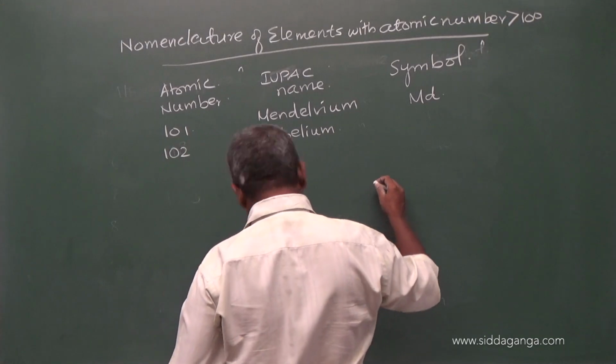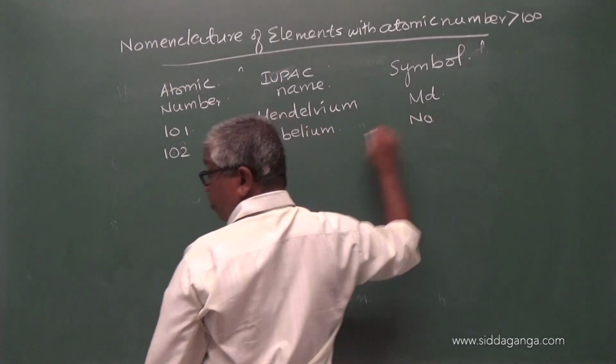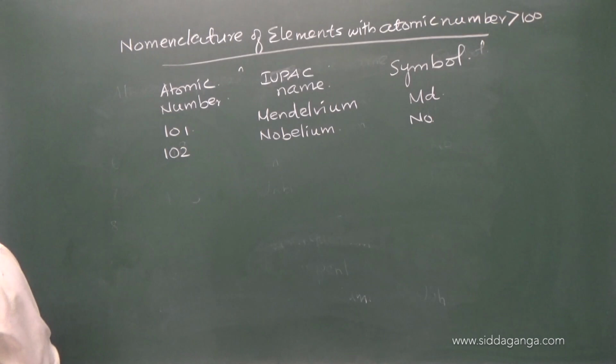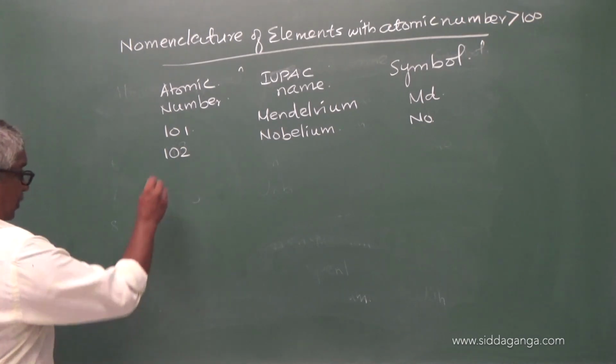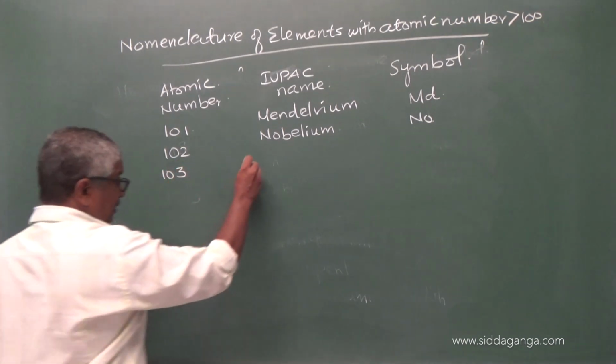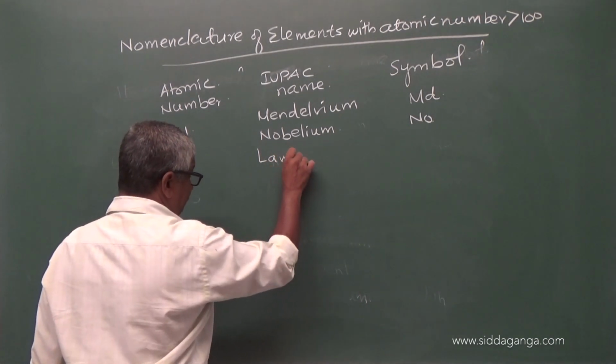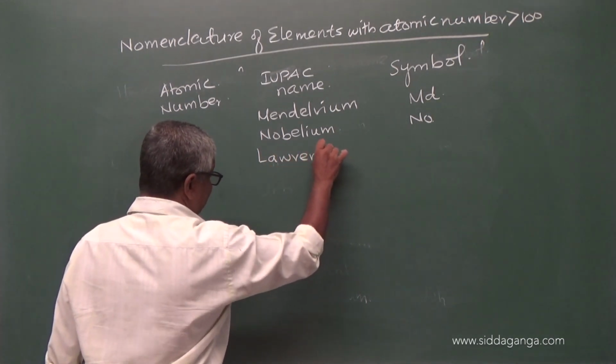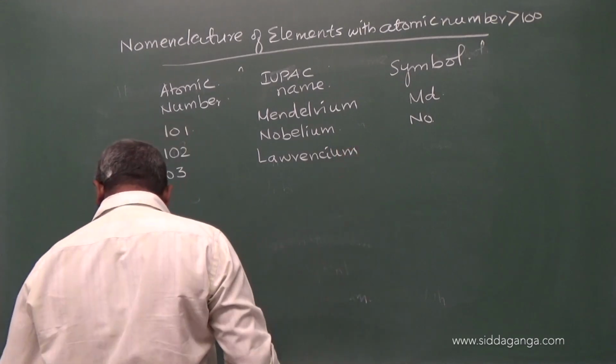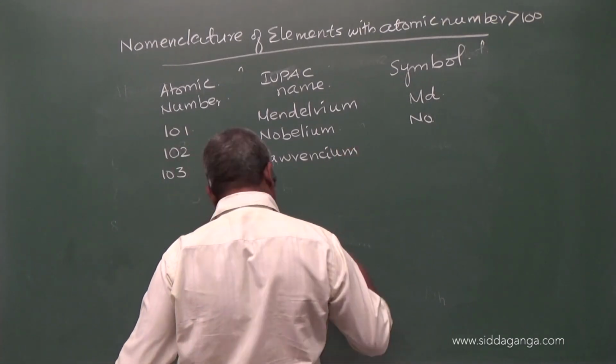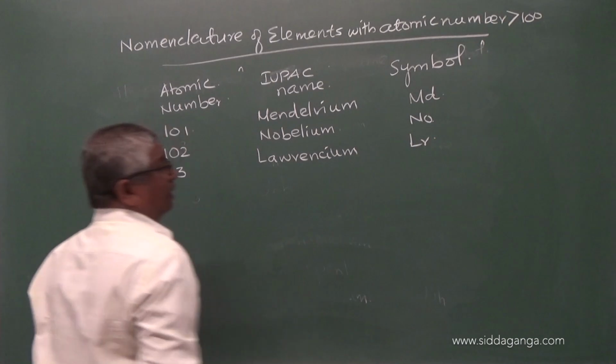Symbol it is No. Third is 103, Lawrencium. Symbol is Lr.